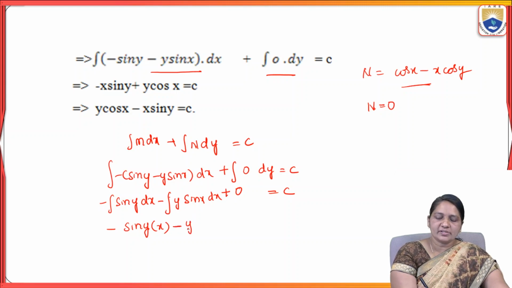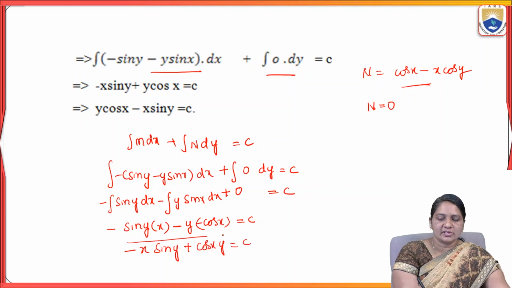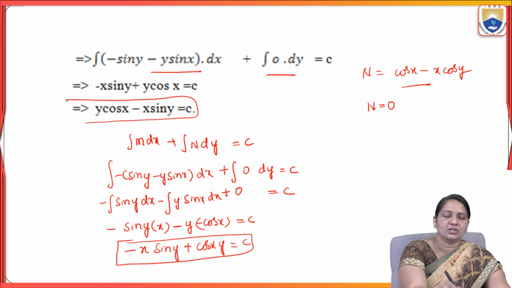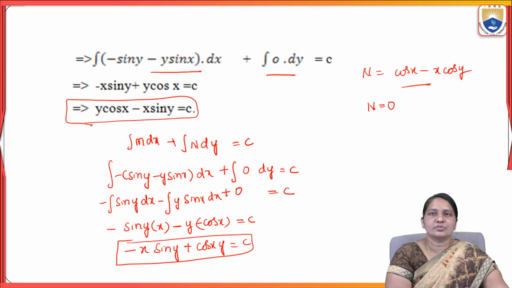Minus, here y is constant, integral sin x dx, so that is minus cos x equal to c. So finally, minus x into sin y plus cos x into y equal to c. So this is what we got here. This is the general solution of the given differential equation. So this is the way to calculate the general solution for the given exact differential equation.